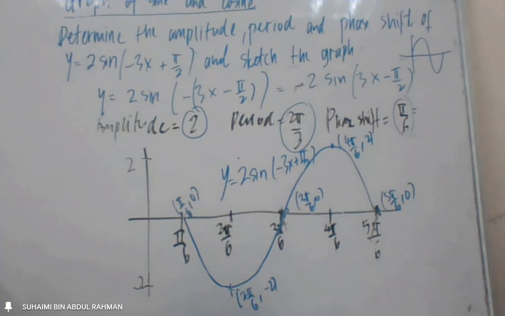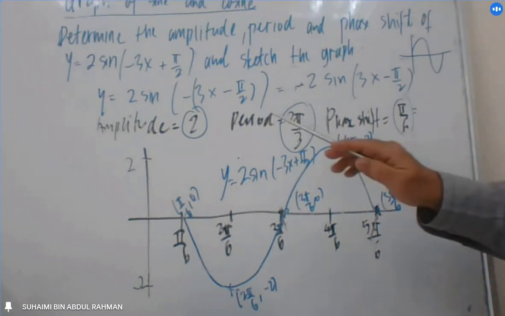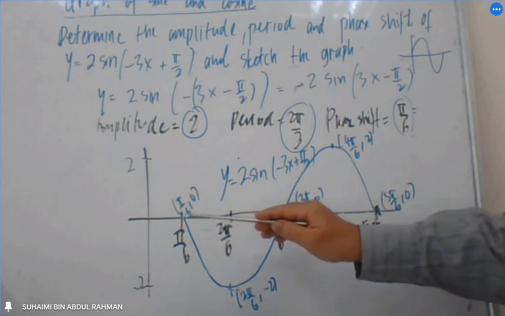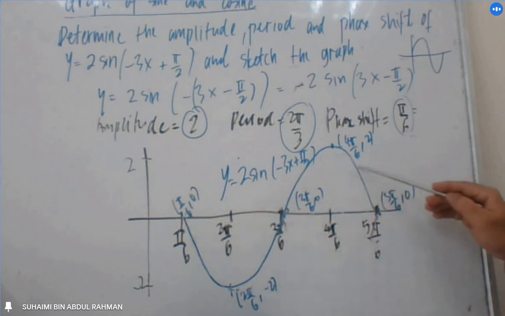Sir, I have a question. If we don't put the negative sign outside, can we still get the graph? Yes, you can still have the graph, and you get the same graph like this.